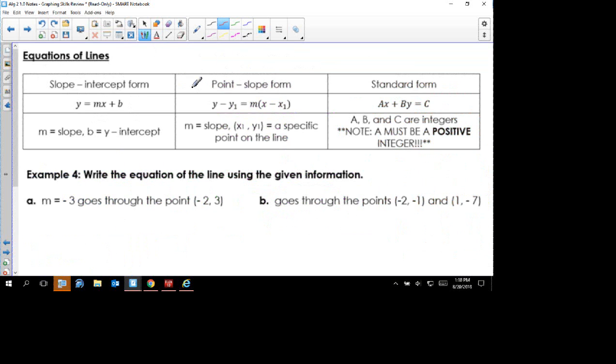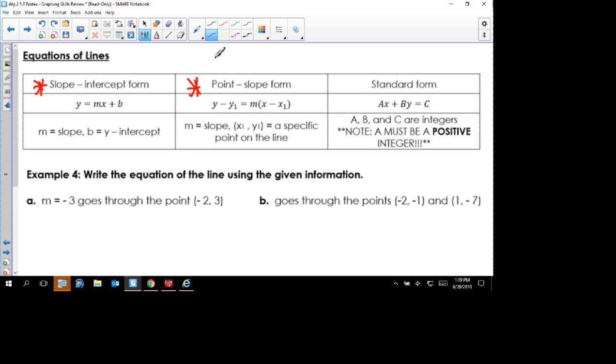Equations of lines. We have 2 forms we're going to do today. The third one we will cover, but not as in depth. So today we're really looking at slope-intercept form and point-slope form. Slope-intercept form is the one that you probably remember the most from Algebra 1. y equals mx plus b.